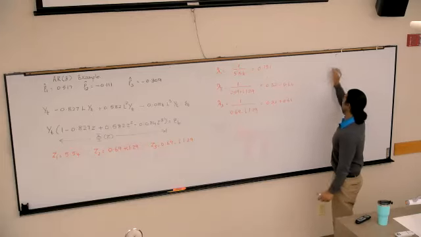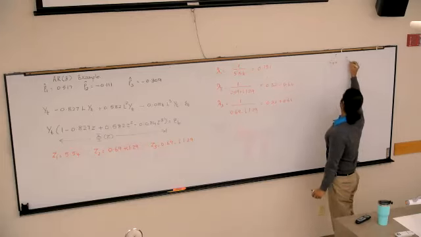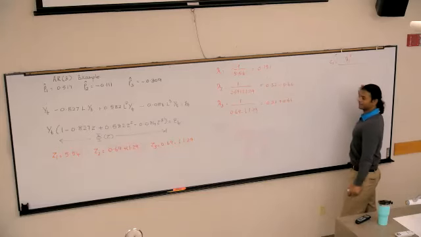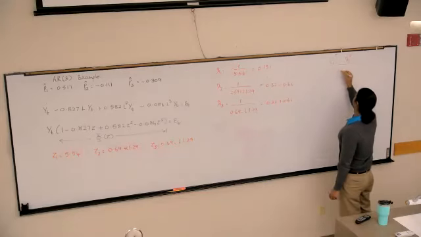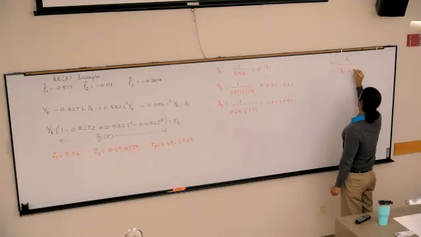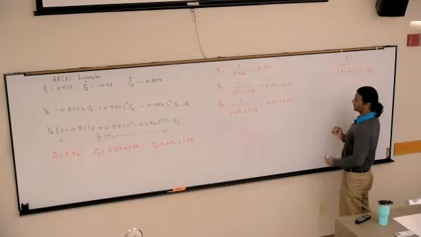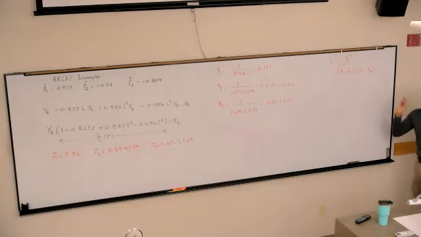Isn't it lambda 1 squared divided by lambda 1 minus lambda 2, and lambda 1 minus lambda 3? You guys have the calculator, so use the calculator and tell me what you get.